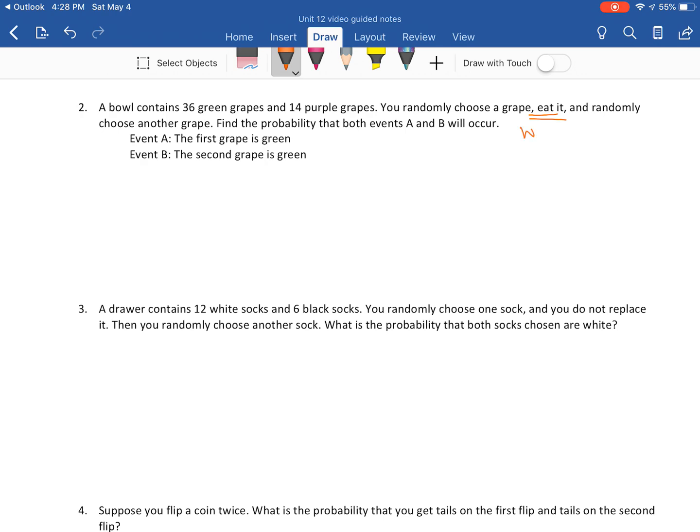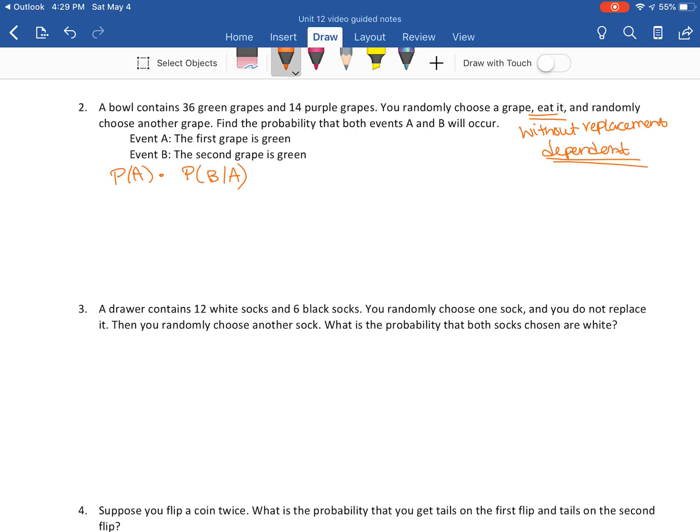This is without replacement, and that is how we know that this is a dependent situation. Event B depends on event A. So we are going to find the probability of A and multiply it by the conditional probability of event B.